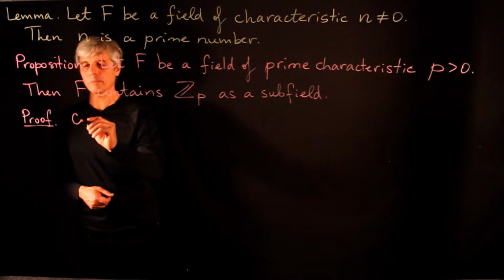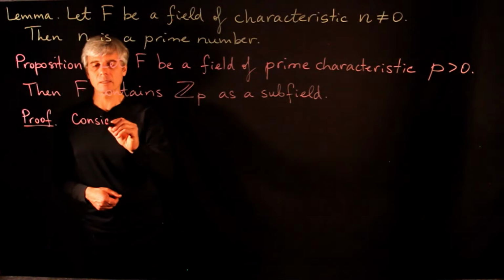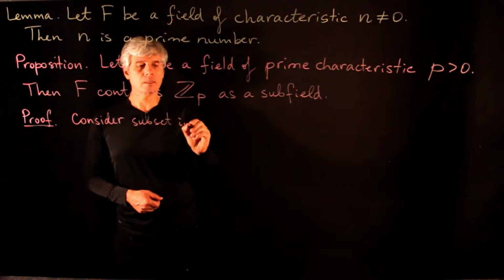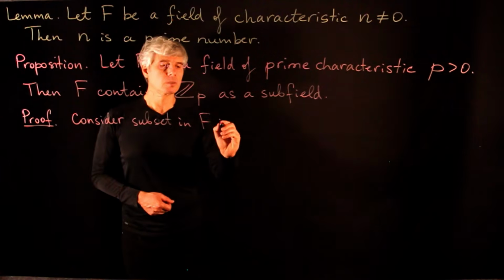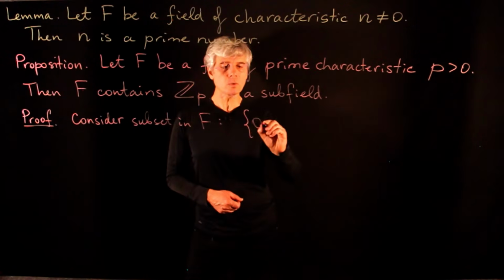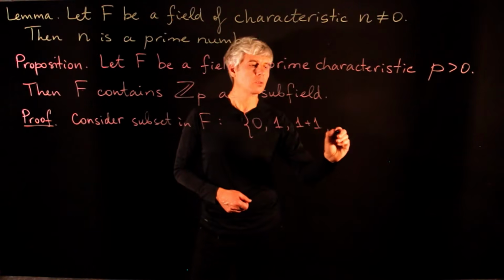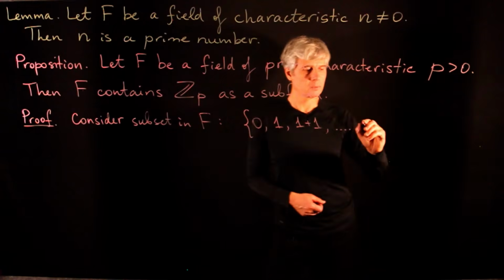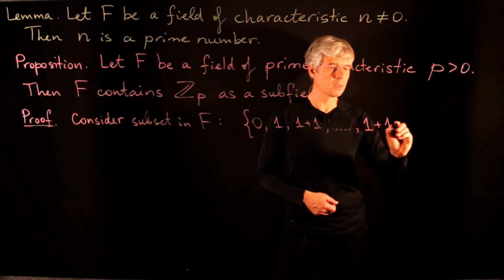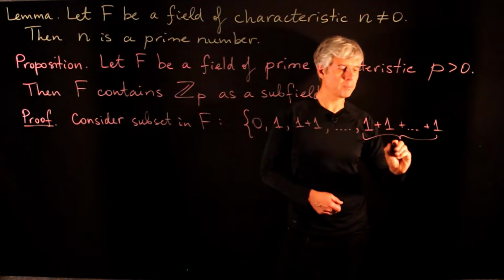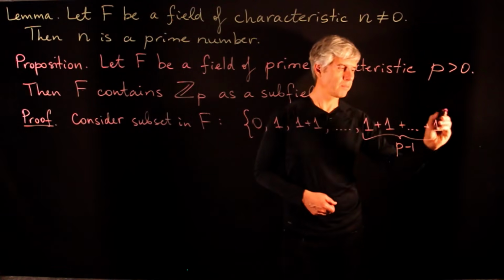So consider the following subset in F. So we consider 0, 1, 1 plus 1, dot, dot, dot, 1 plus 1 plus 1, p minus 1 times.